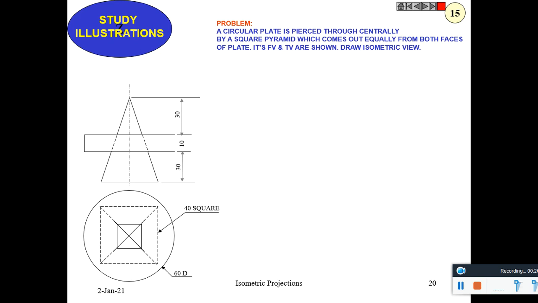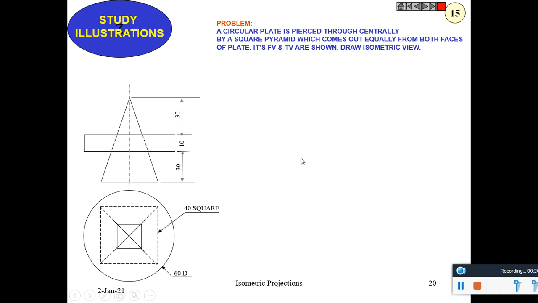A circular plate is pierced through centrally by a square pyramid which comes out equally from both faces of the plate. Its front view and top view are shown. Draw the isometric view.